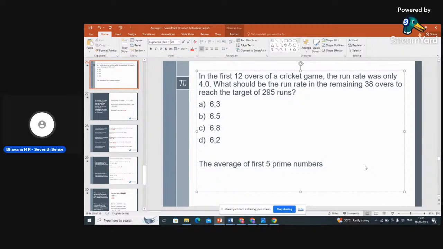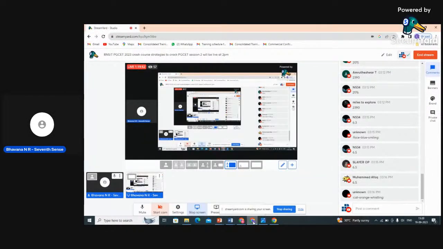What is the average of the first five prime numbers?